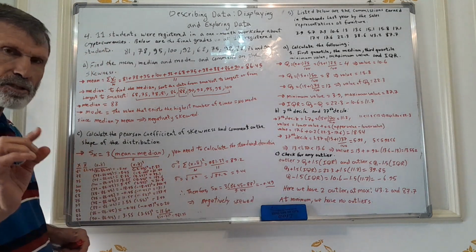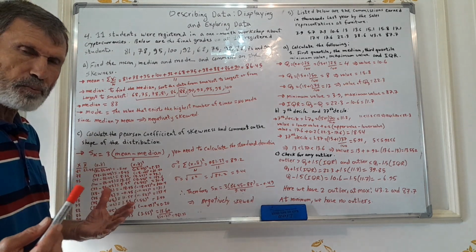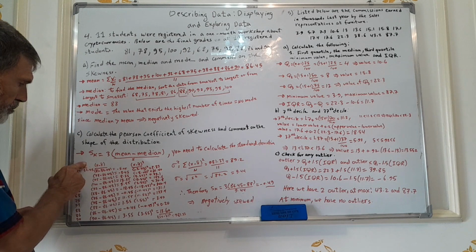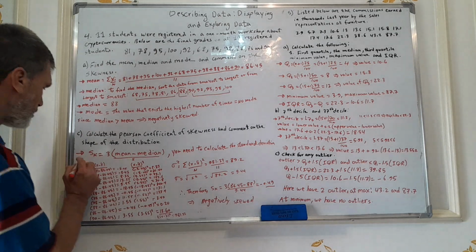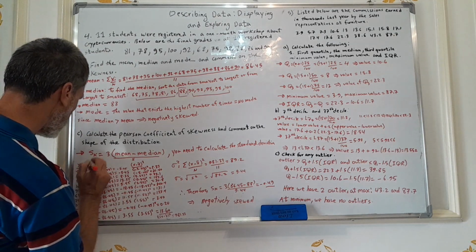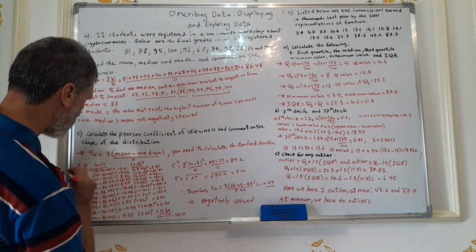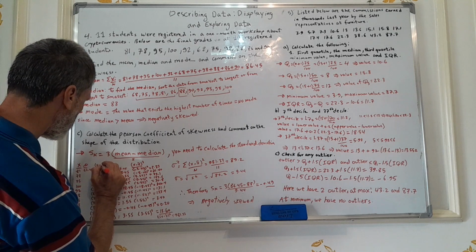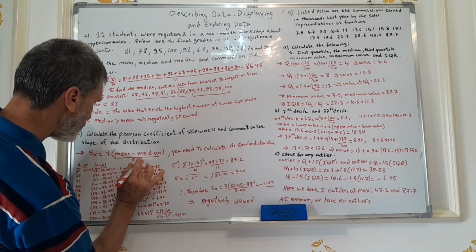So here we use sigma squared, of course, and since we are talking about the population, we can also use mu. Here we use mu, and here we have a mu.